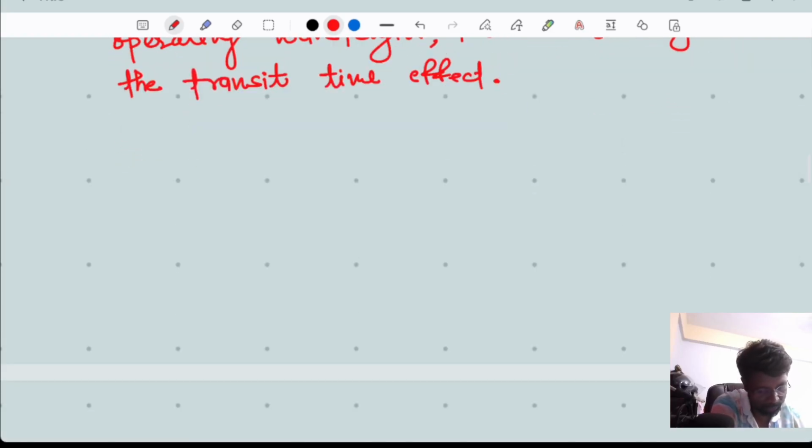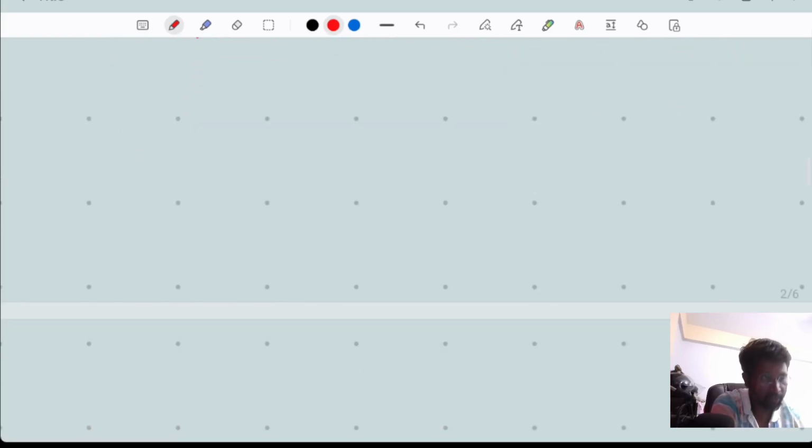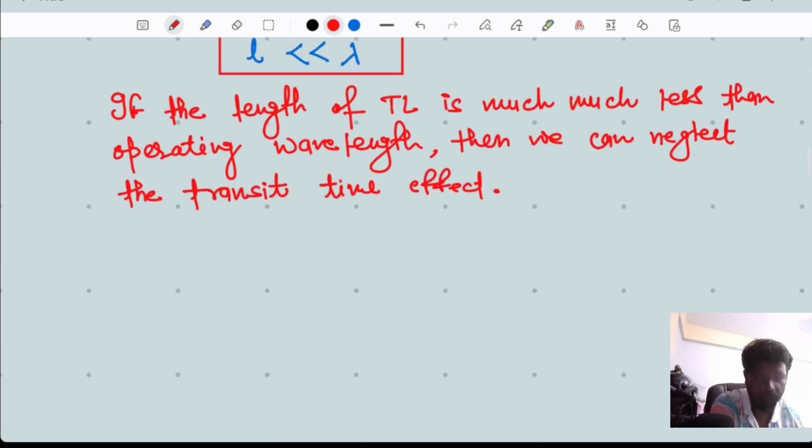In the previous class, we have learned the transit time effect, and we can neglect the transit time effect if the length of transmission line is much less than the operating wavelength.